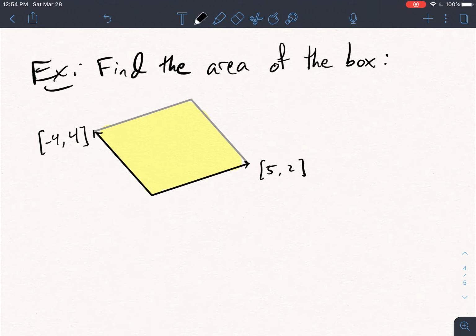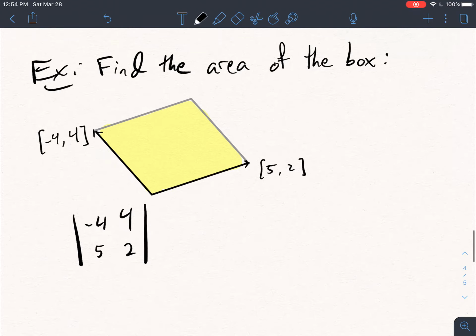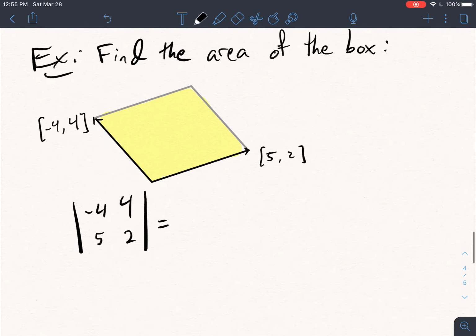Whereas now that we know that we can just do this using determinants, I can just throw this stuff into a matrix and take a determinant. So let's put negative 4, 4, and 5, 2 into a matrix. By the way, if you notice, I'm doing the wrong order, but anyway, let's see what we get.